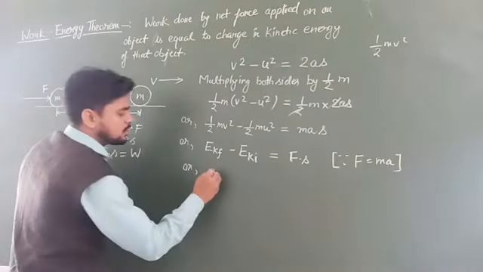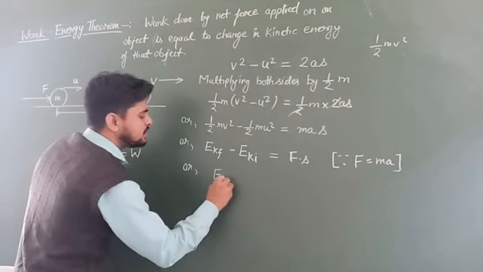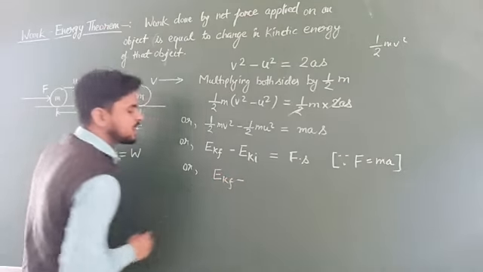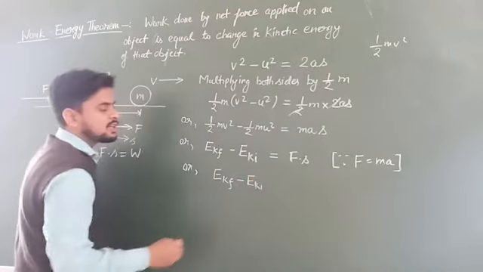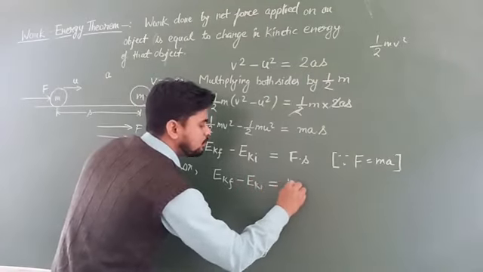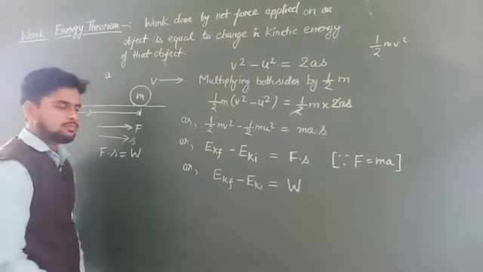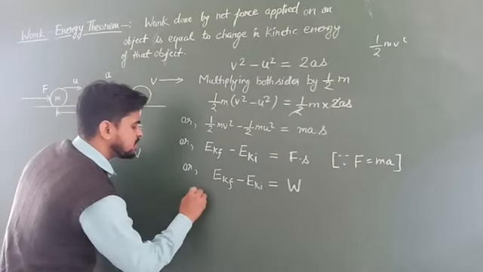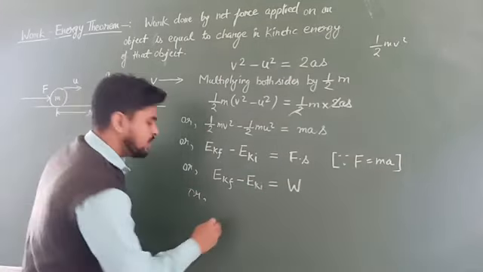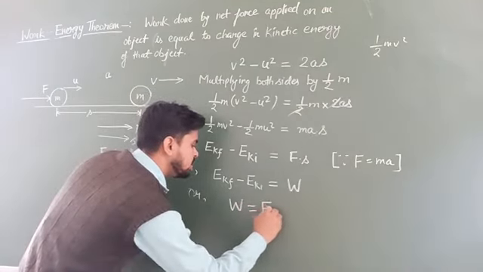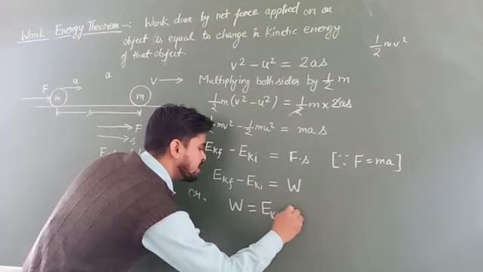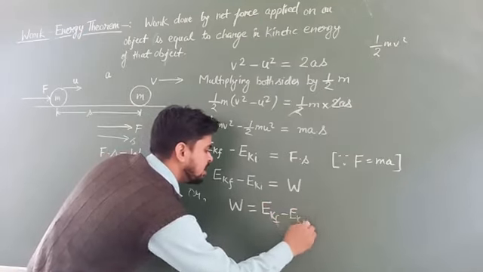Okay students? So here we can write E_K,F, that is final kinetic energy, minus E_K,I, initial kinetic energy, equals work done. Or you can also rearrange it as work done equals E_K,F minus E_K,I.